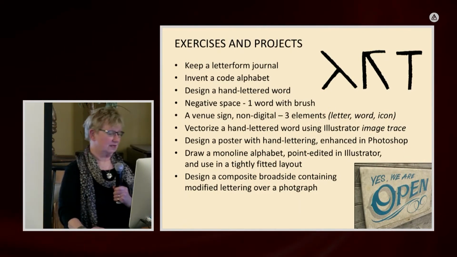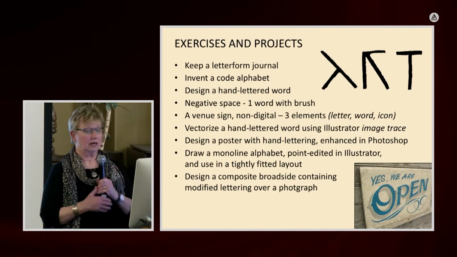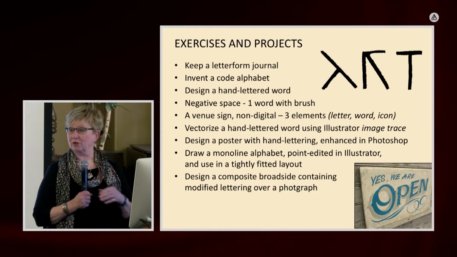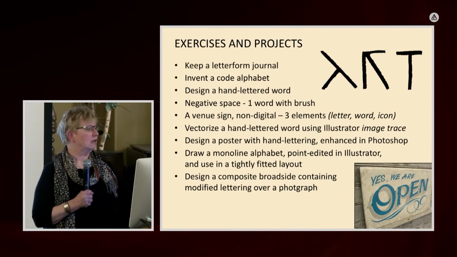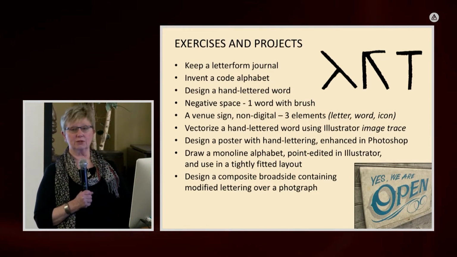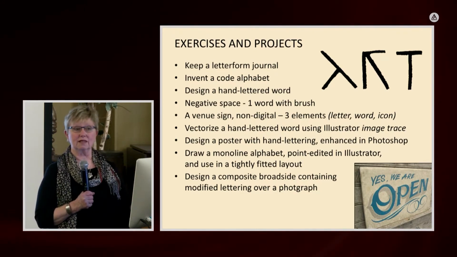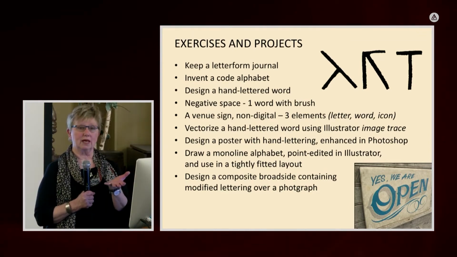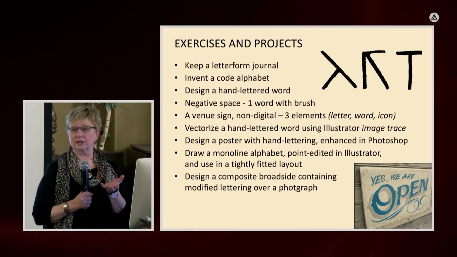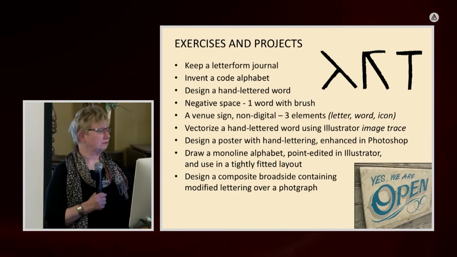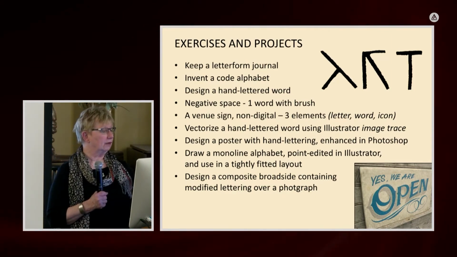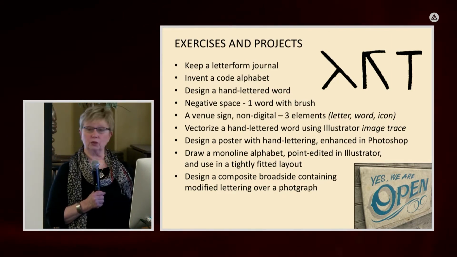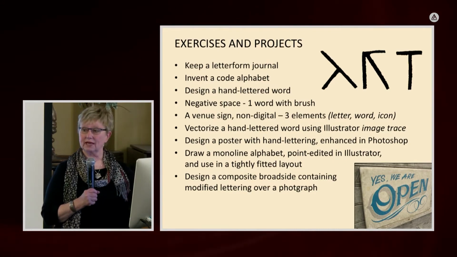Our next slide, I'm just listing some of the projects that we do. We keep a letter form journal, and you make 5 entries per week. And this is the way you keep track of your thoughts on the way to building your final project. We invent a code alphabet from the seed grid exercises.